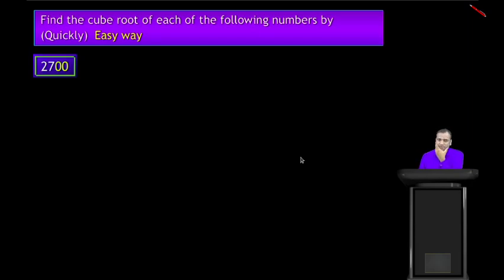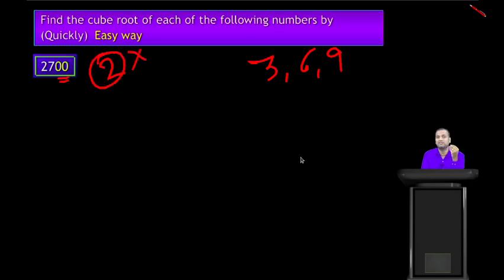Is it a perfect cube? Can you give the answer only by looking at this number? What did I say? The number of zeros in a perfect cube should be a multiple of 3. How many zeros are there? It is only 2. So it cannot be a perfect cube.